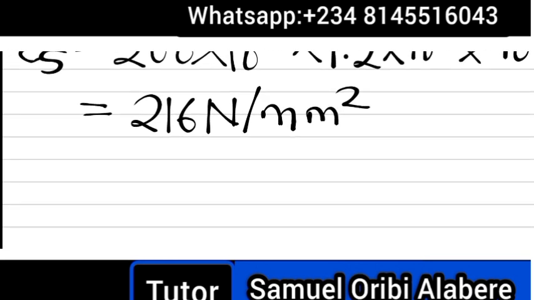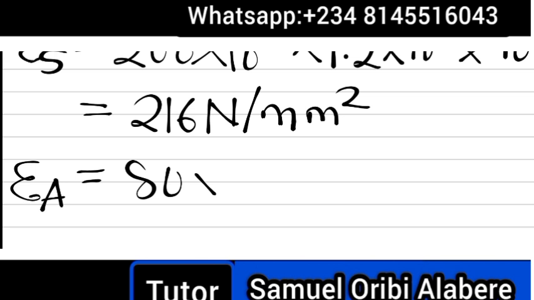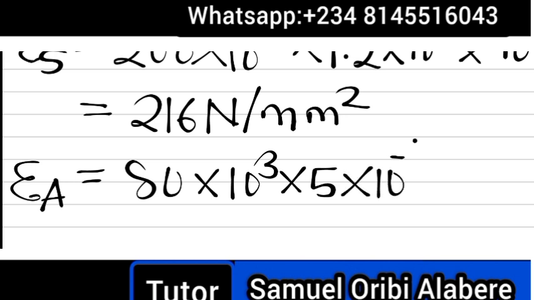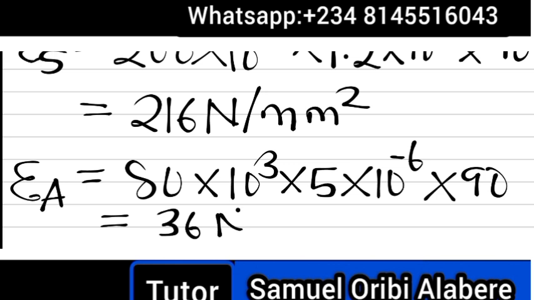Now let's find our value for the stress of aluminium. When we substitute our previous parameters, it will be equal to 80 times 10 raised to power 3 times 5 times 10 raised to power minus 6 times 90, which will then be equal to 36 Newton per millimeter square.